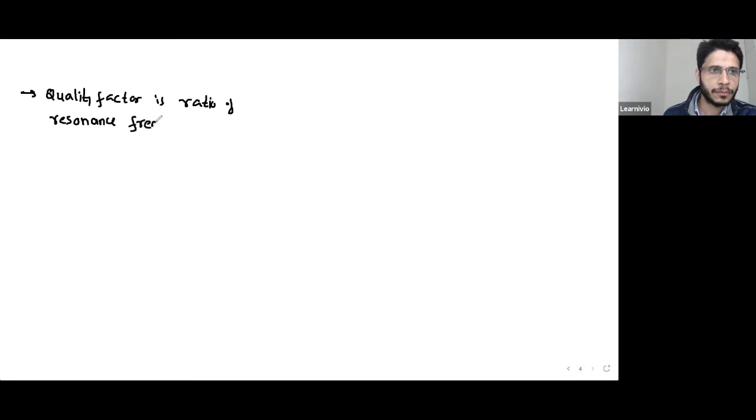The next definition is of quality factor. Quality factor is the ratio of resonance frequency and bandwidth.